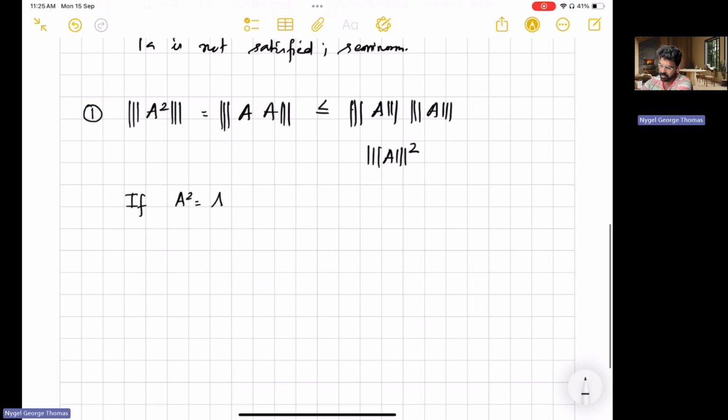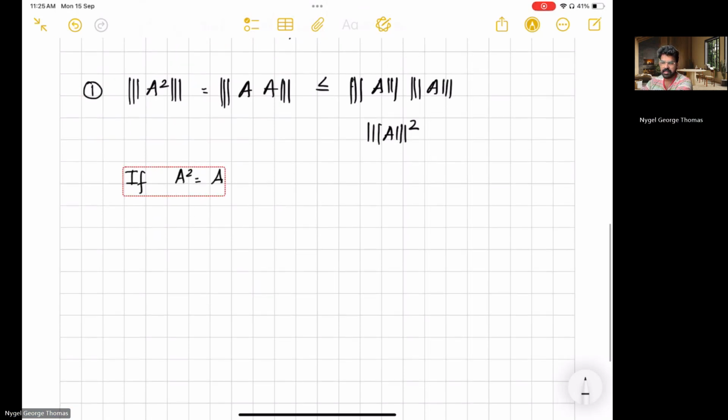Then there's a specific case of this if A squared is equal to A. What are such matrices called? Idempotent, right? These matrices are called idempotent matrices.